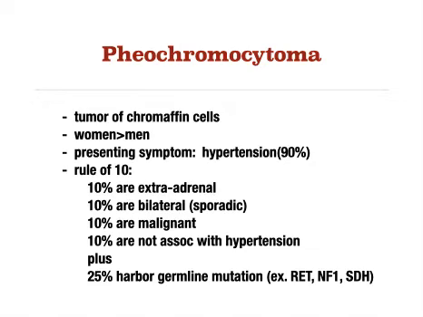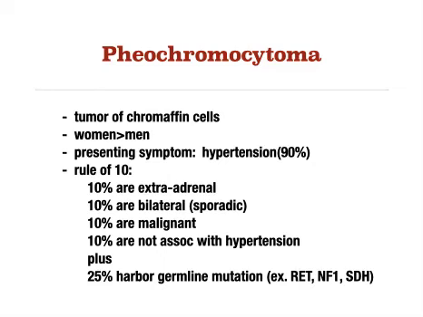Okay? And then there's another 10% in which the pheochromocytoma may turn out to be biologically malignant. And this is defined by the presence of metastatic disease. Okay? And then there's another 10% that is not associated clinically with hypertension. And there's another one, but it's not according to the rule of 10 anymore.